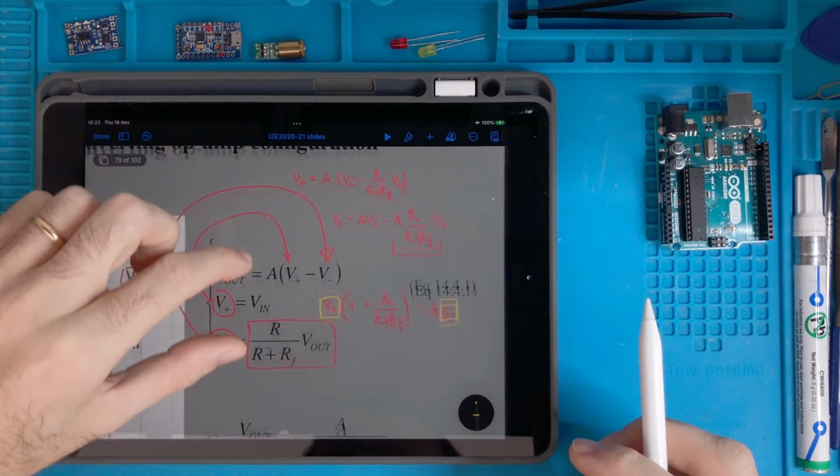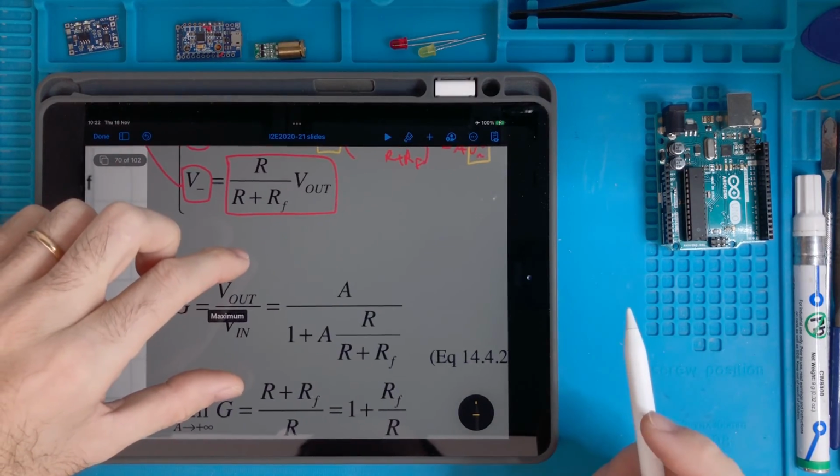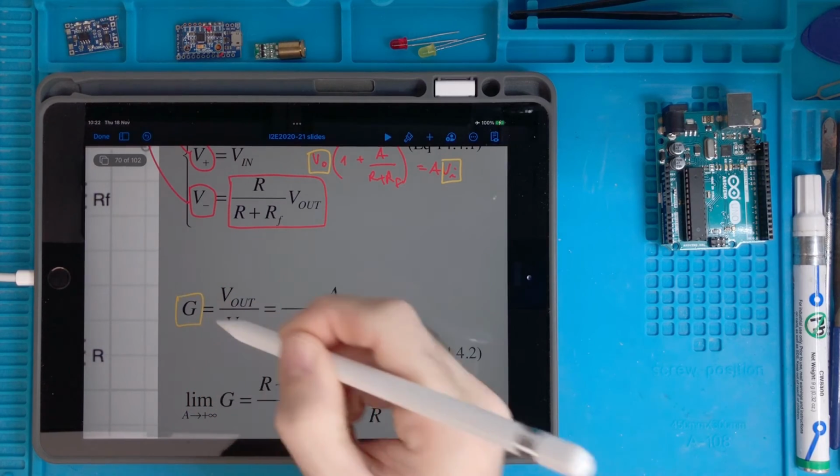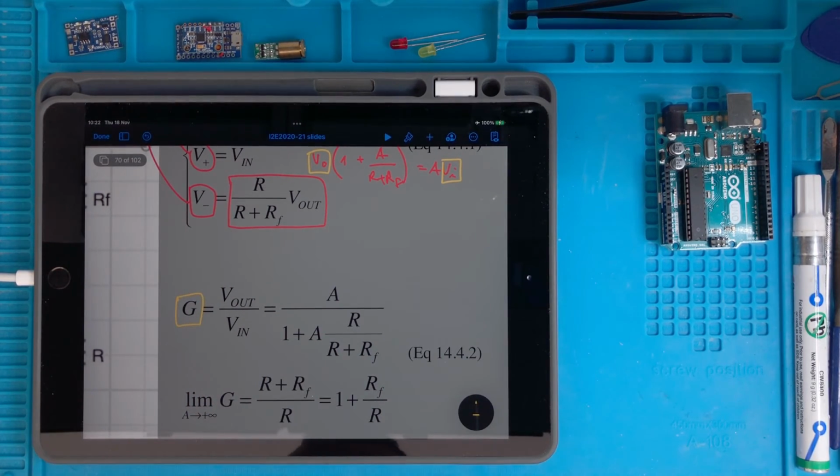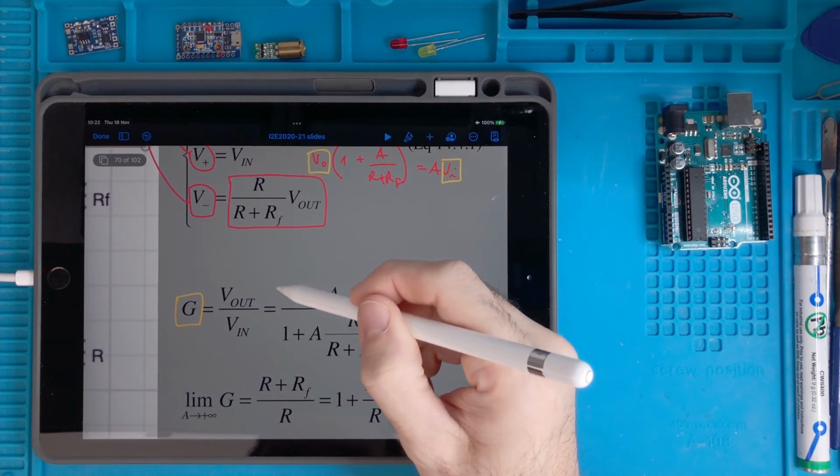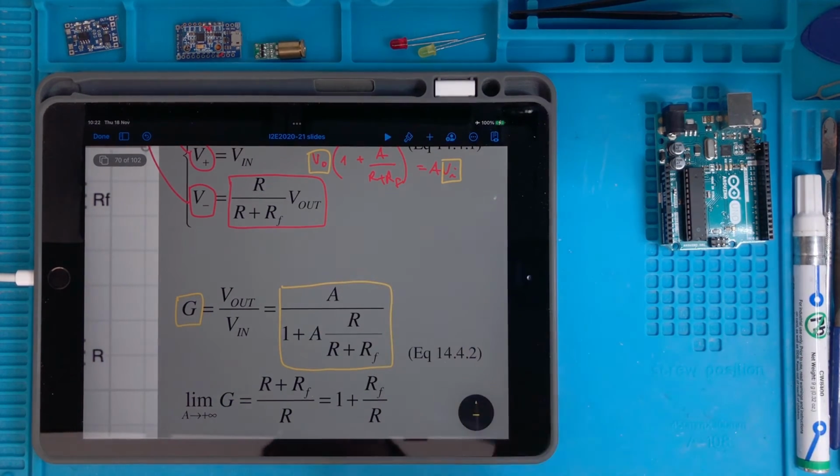So what I get is this, and it's called the gain of this amplifier, and it's this thing.